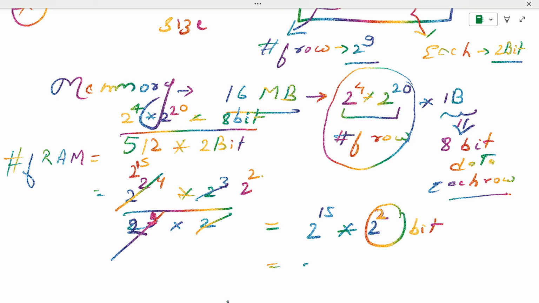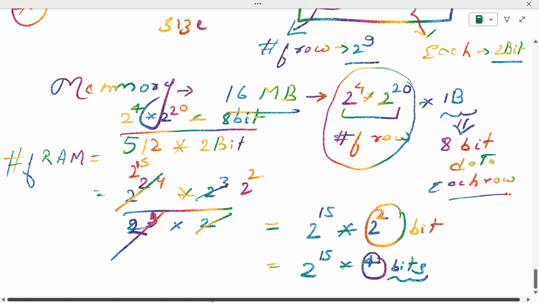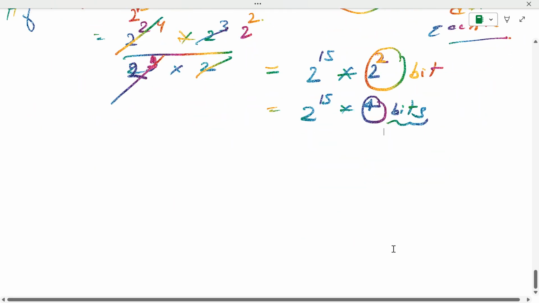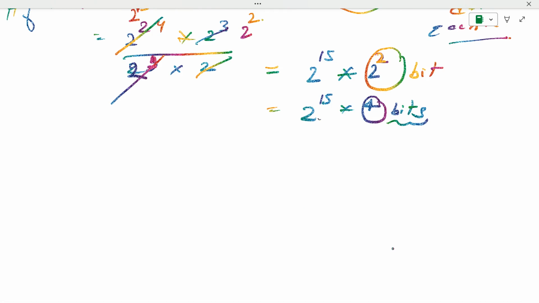So 2 raised to the power 15 into 4. So one row should be constituting of 4 bit of data. Now, this is not byte addressable. This is bit addressable. If you want to make it byte addressable, definitely you have to take two twos from here and constitute. But this is the way we are going to organize, that's what I wanted to show.